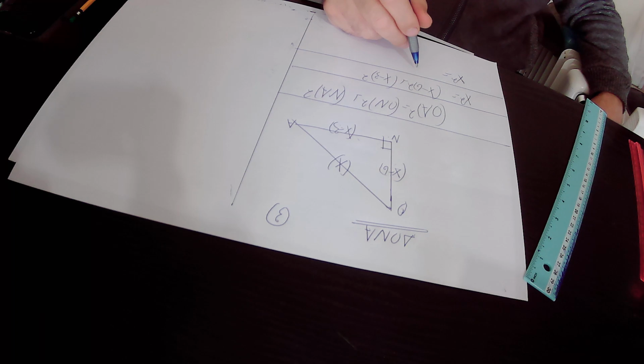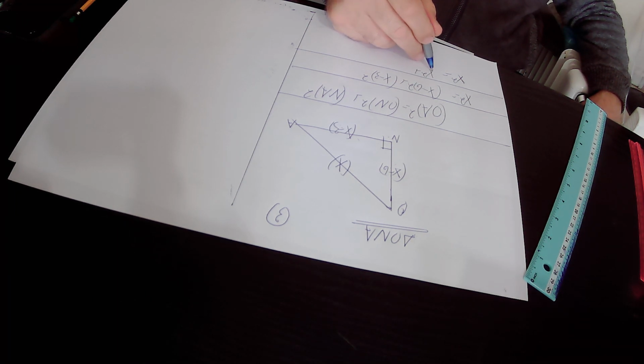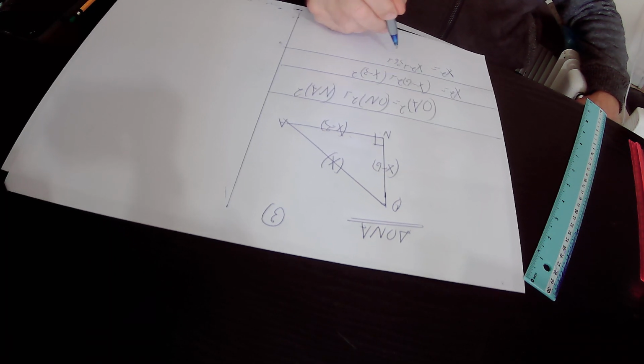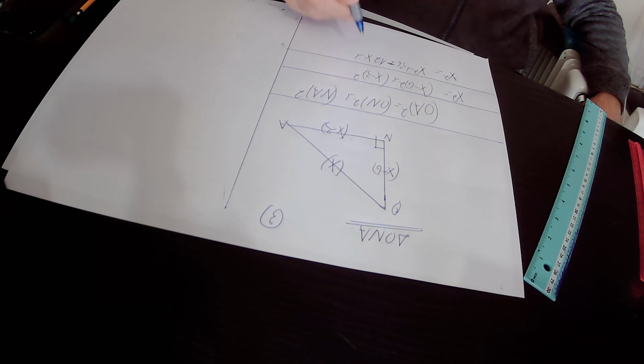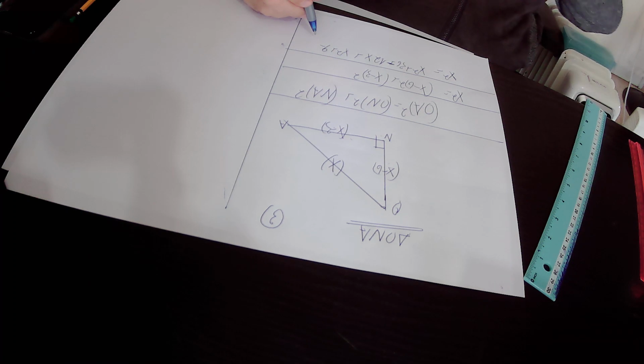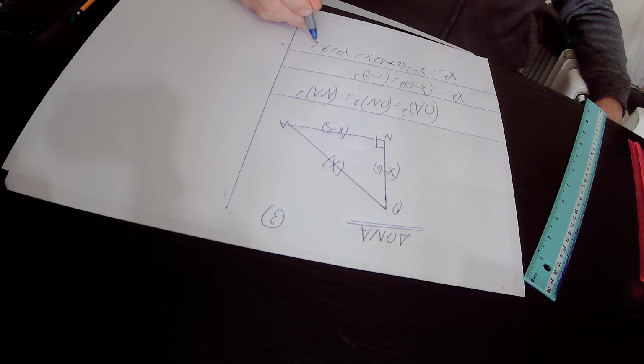X minus 6 squared equals X squared plus 6 squared, that is 36, minus 2 times x times 6, that is minus 12x, plus X minus 3 squared is X squared plus 3 squared, that is 9, minus 2 times x times 3, that is minus 6x.